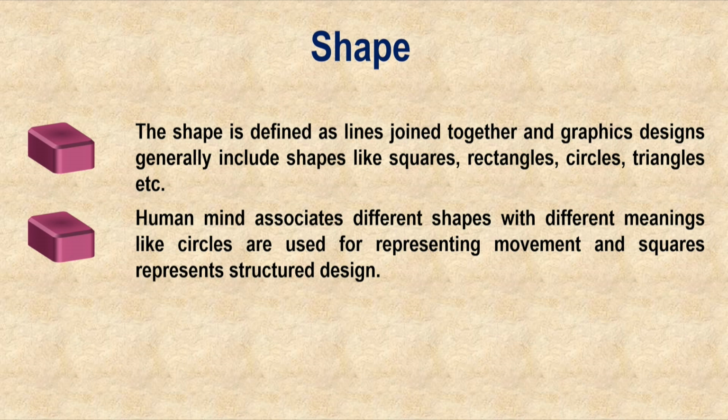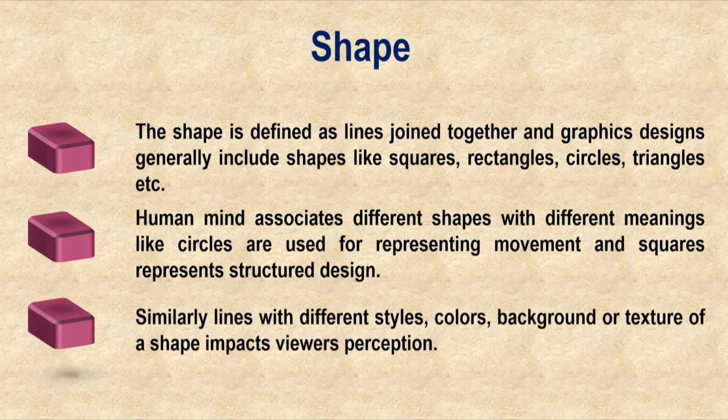So as and when we want to design some structured graphic design, we can make use of squares. Similarly, lines with different styles, color, background or texture of a shape is useful for giving an impact to the viewer.